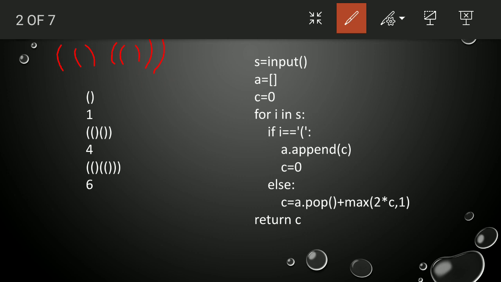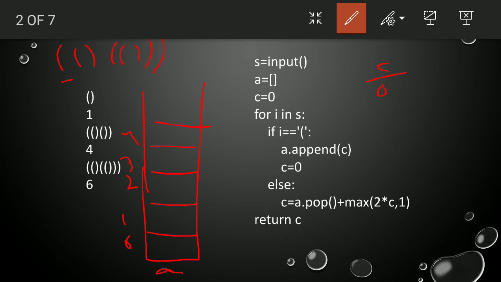S is taken as this input. a is your stack, so this is your stack with 0 1 2 3 4 as indices. Now i in S. So this is first. So C is taken as 0. Now is i an open bracket? Yes.